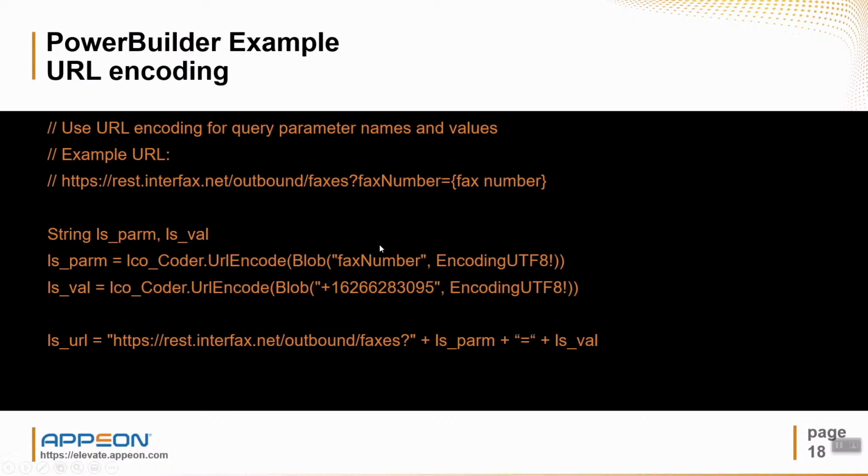The parameter name is fax number. The parameter value is the actual fax number with a +1 at the beginning. And we're going to use the coder object and call the URL encode method using the parameter name and the parameter value. And that's how we're going to build our URL.